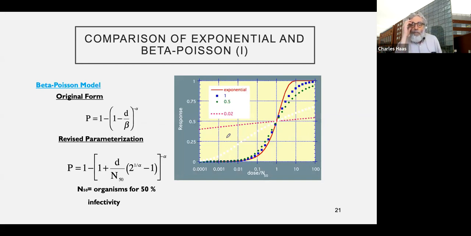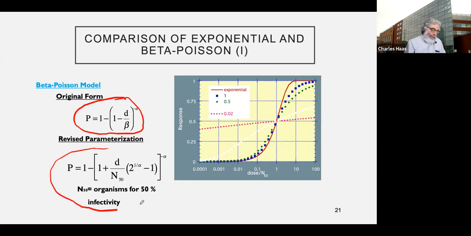So here are graphs of the exponential and beta Poisson. The original form in which the beta Poisson was written was this form. It can be recast by defining new parameters in this way.